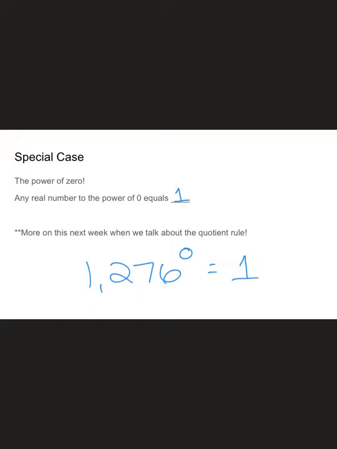I will show you why, an informal proof of this, next week when we talk about the quotient rule. I think it's next week, maybe the week after. I promise I won't leave you hanging. I always like to tell you why, but right now you're just going to take my word for it. Once we learn some further concepts, you'll be able to say, oh, I see, that makes sense.